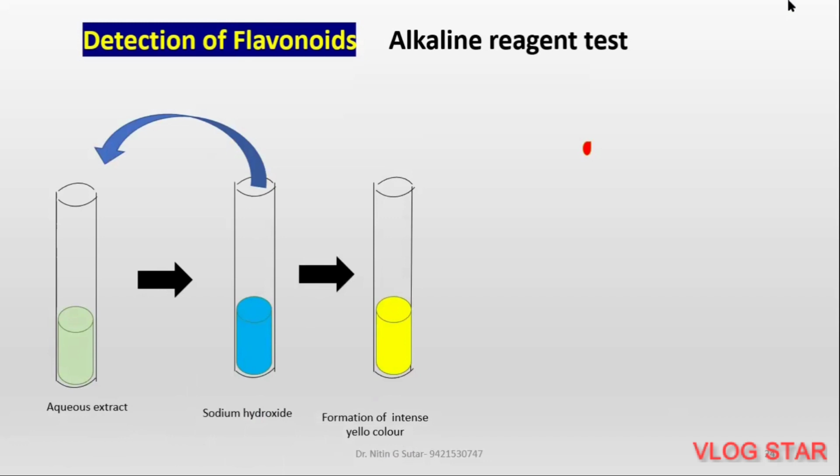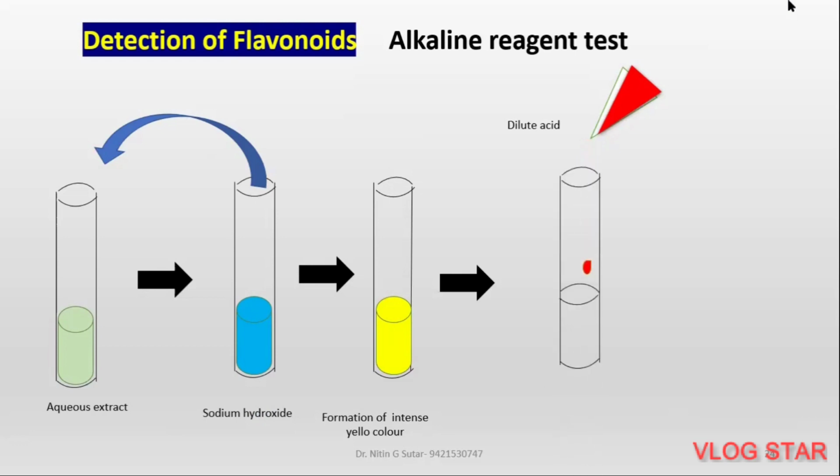Once you add dilute hydrochloric acid into this one, the intense yellow color disappears. By this way you can say that the flavonoids are present. Yellow color changes to colorless.